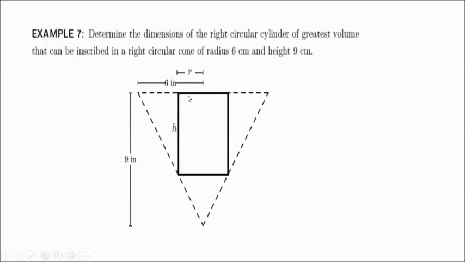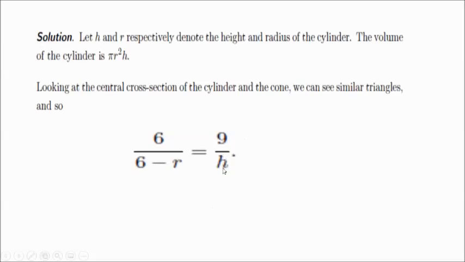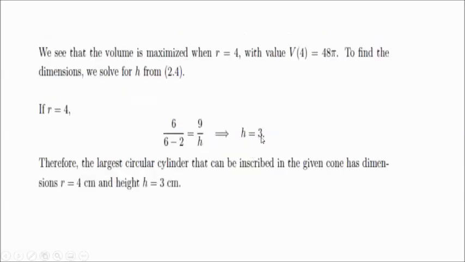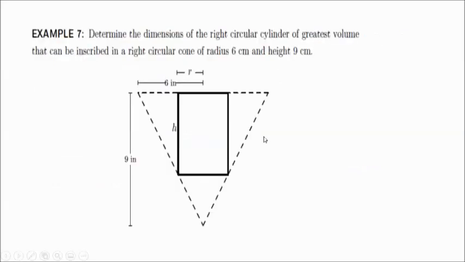Anyway, maybe the dimensions used were just wrong. The r here is 4. And then h, if we get h here, substitute 4. So 6 over 6 minus 4, that is 2. So 3. Cross multiply, 3h, bring down the 3, 9 divided by 3. So our h, class, is 3. So therefore, the dimensions of the cylinder are r equals 4, h equals 3.